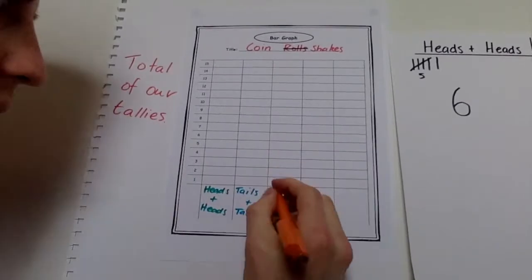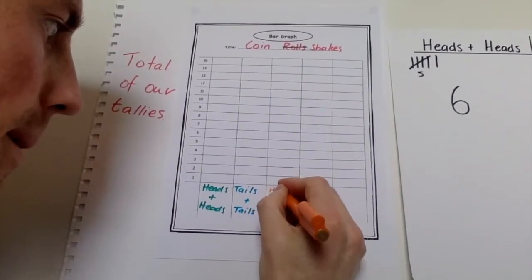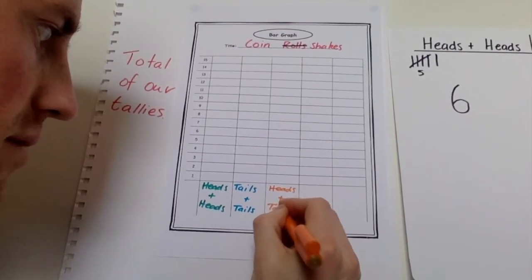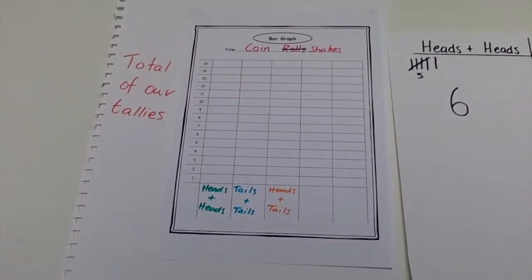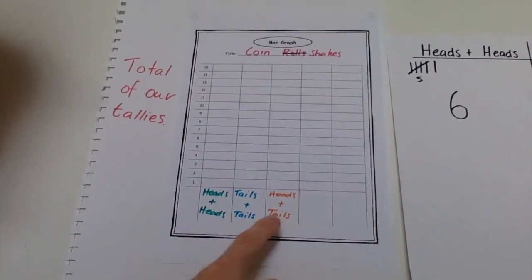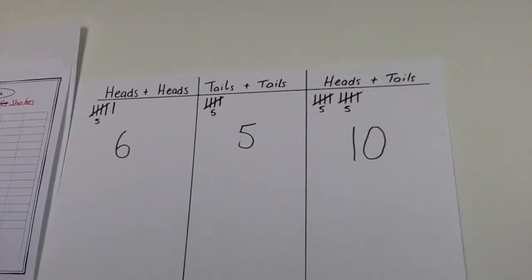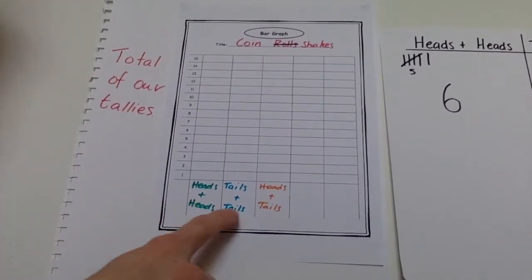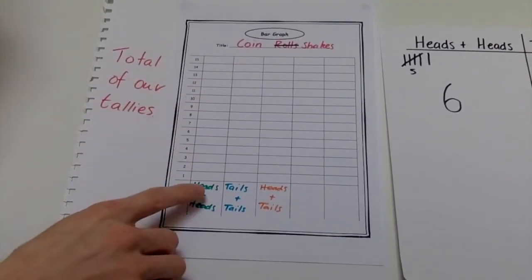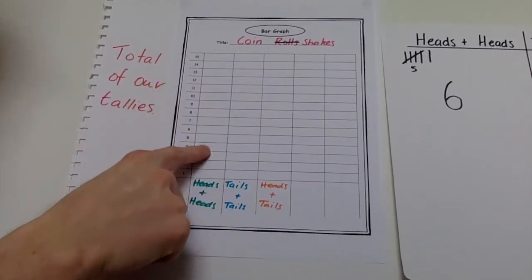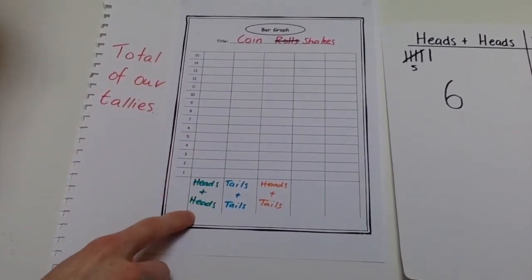So then I'll write heads and tails, okay. Alright, then once you have all your 3 types of headings, heads and heads, tails and tails, heads and tails, we need to colour in to the boxes of the totals of each tally, for our headings.